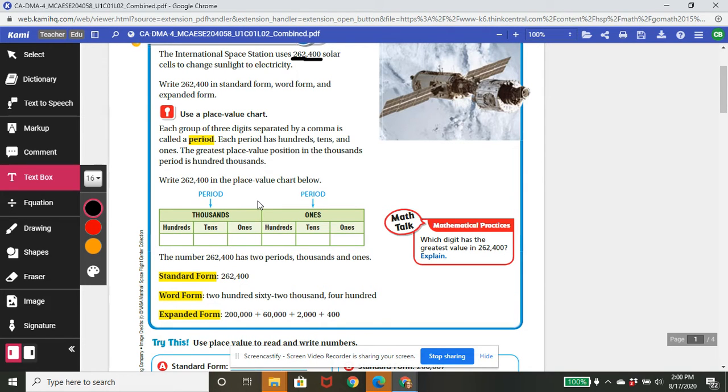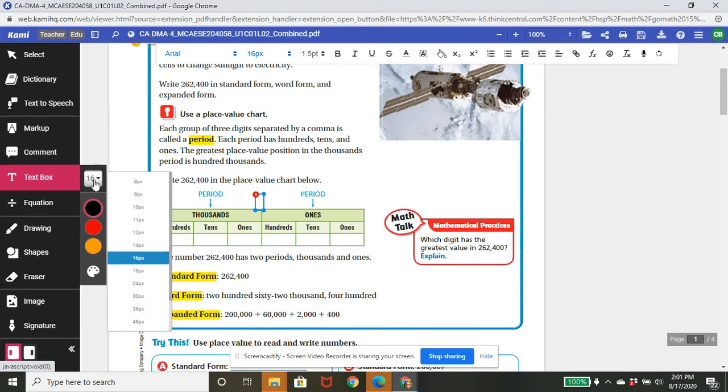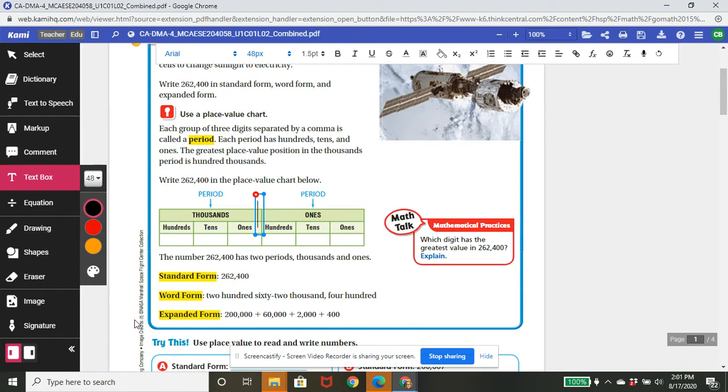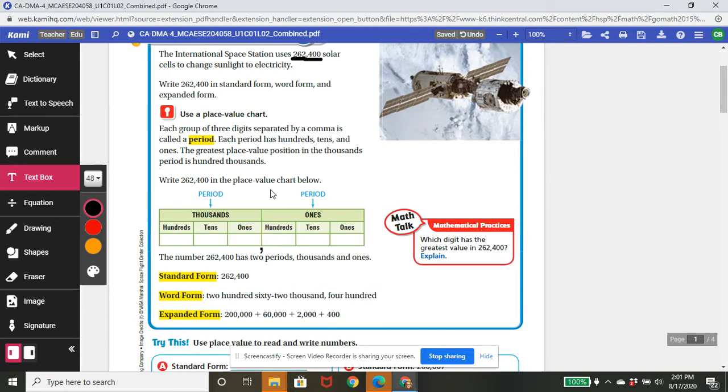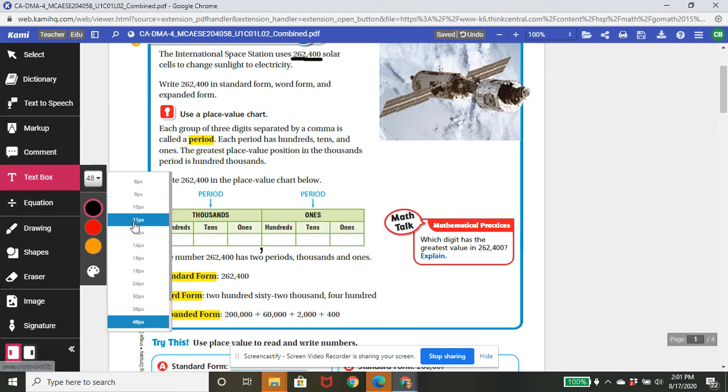So every time you see one of these lines here, you're going to put a comma in your number. Let me use a big font size. There we go. Every time you see this line, you put a comma in your number.